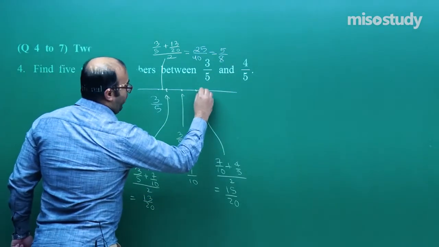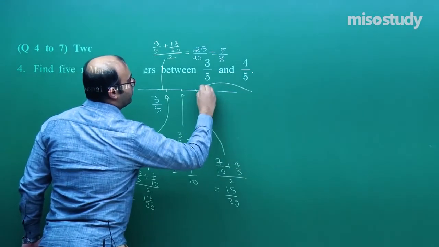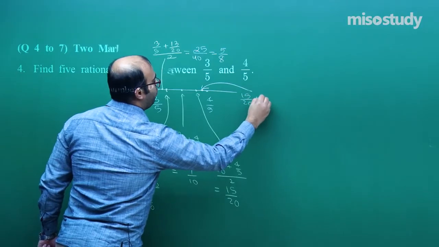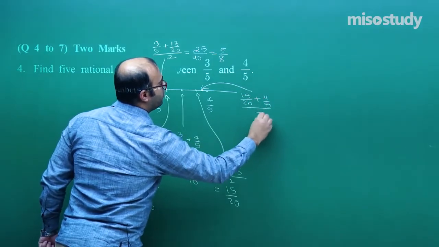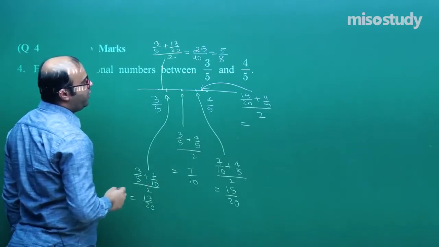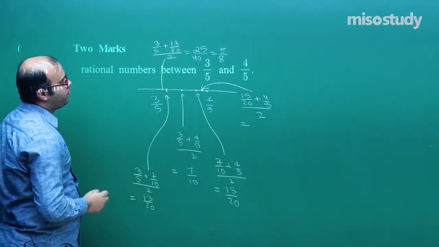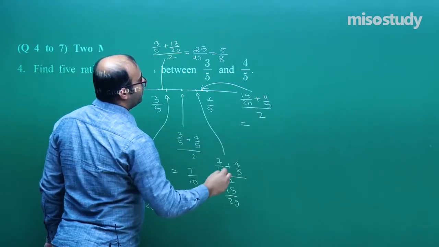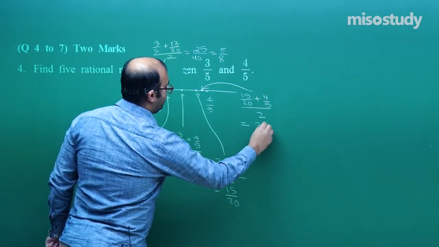Let us take a point here also. So, this will be 15 by 20 plus 4 by 5 upon 2, the average value. So, this will become 16 plus 15, that will be 31, 31 by 40.